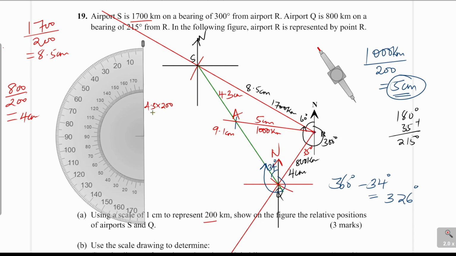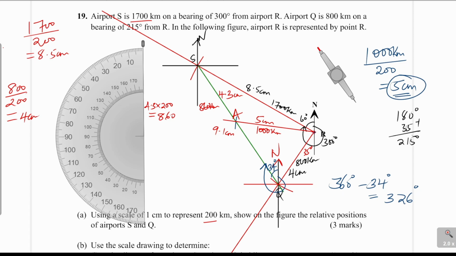Remember the scale given. This is 860 kilometers. That means the aircraft had moved from S to that point, 860 kilometers, and that was the point when it was exactly 1000 kilometers from R.